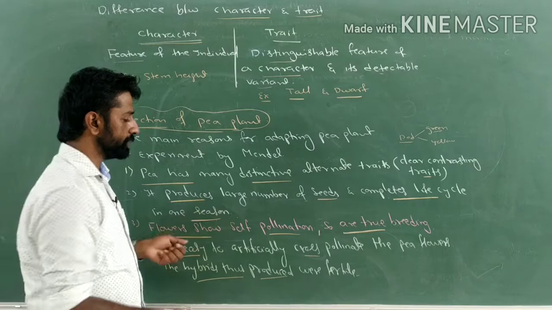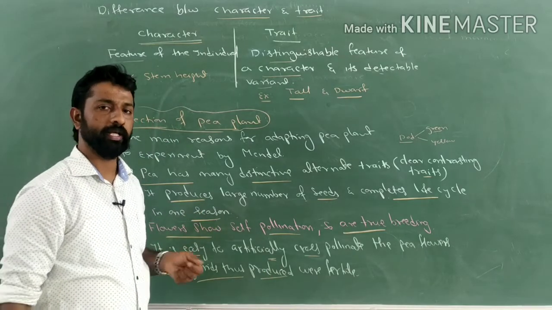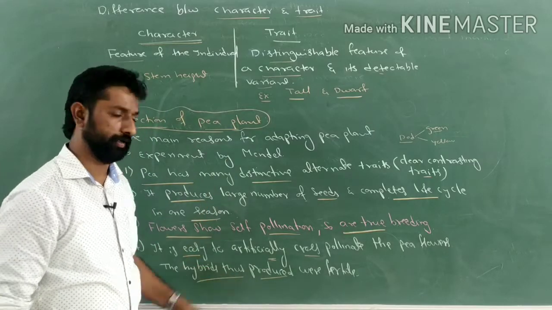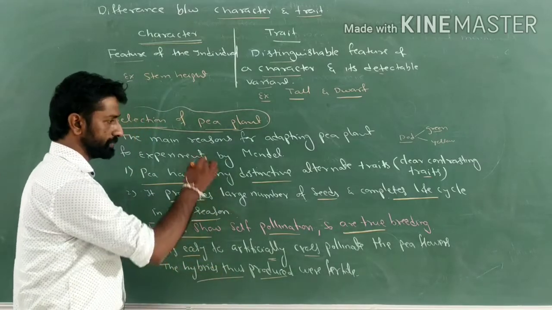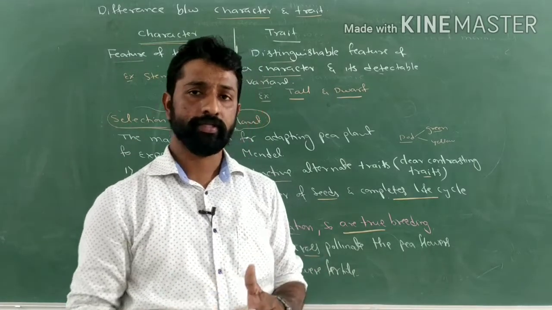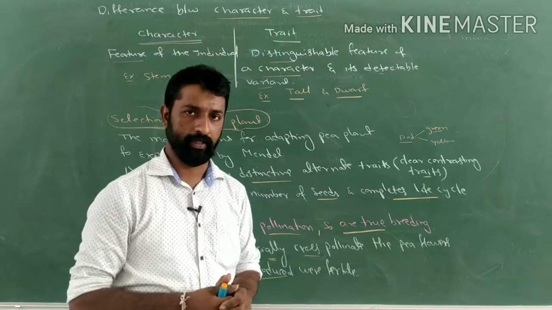As it is easy to carry out artificial cross-pollination in the pea plant flowers, and the hybrids produced are also found to be fertile. Because of these 4 reasons only, Mendel selected the pea plant for his cross hybridization experiments.